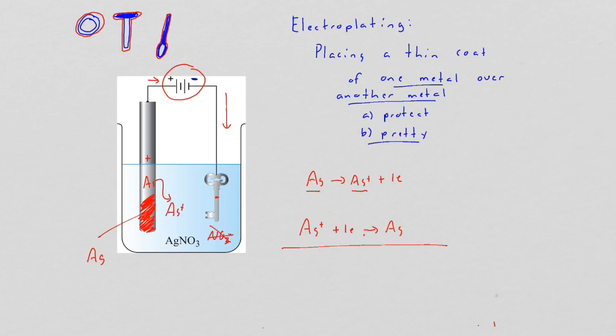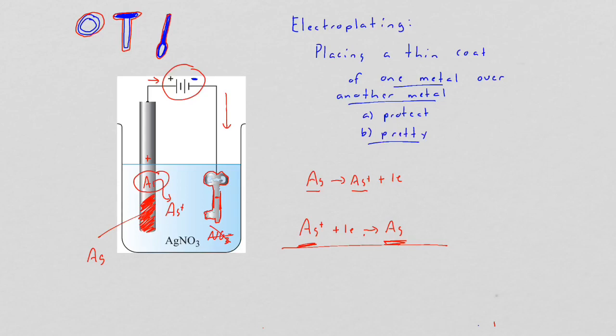What's really happening is silver atoms are moving from here and they're going onto the surface of the key. But you still have the cathode getting fat because the silver ions are being reduced at the surface and they're going from ions to silver atoms. And so you're putting a thin layer of silver on the surface. This is done all the time.